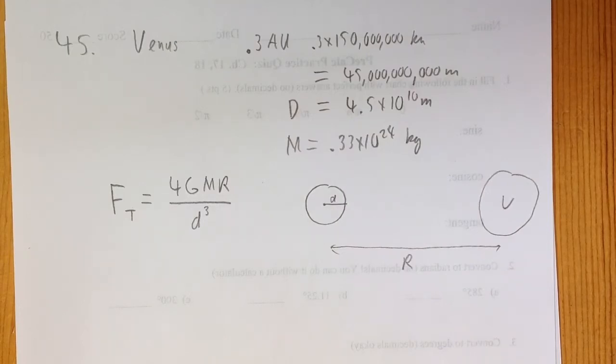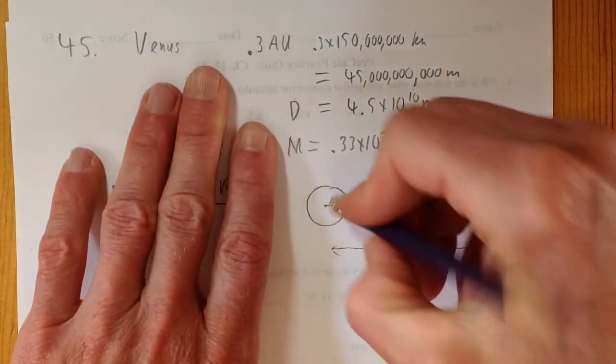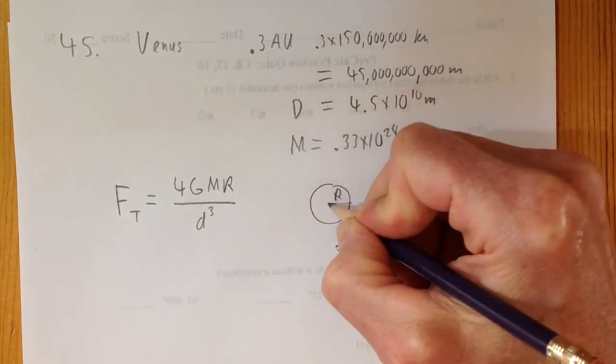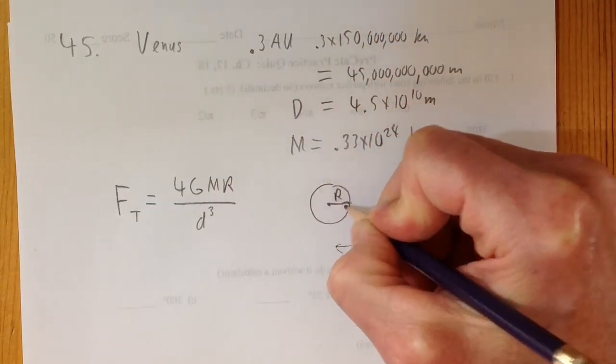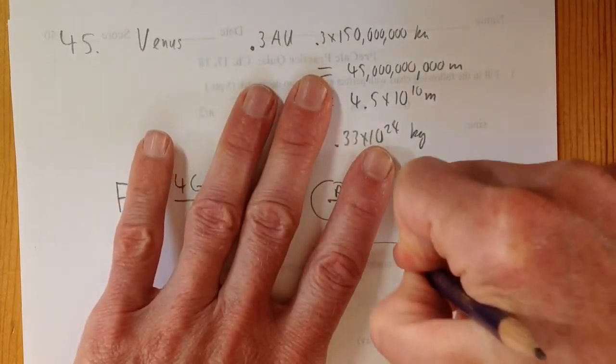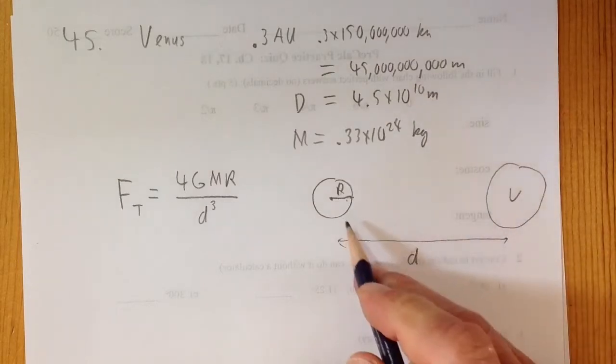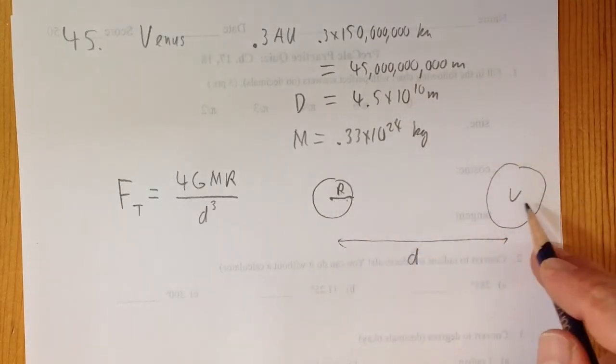Wait, I did that wrong. Is it the other way around? Yeah, it's the other way around. R is your radius, how big you are from the center to the outside, and this is D. Okay, you got to get these letters right. This is D, the distance between your center and some planet's center.